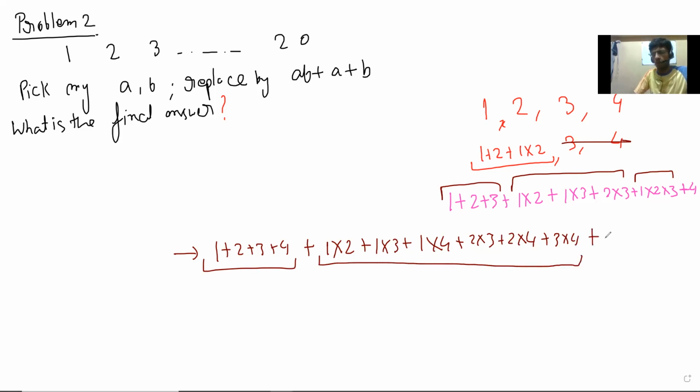So let's write 1 into 2 into 3 plus 1 into 2 into 4 plus 2 into 3 into 4. And then there will be 4 at a time, which is the product of all. It's a strange number, but okay. So this is 3 at a time, and this is 4 at a time.